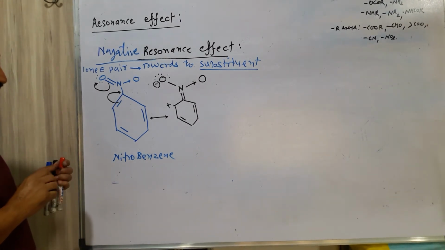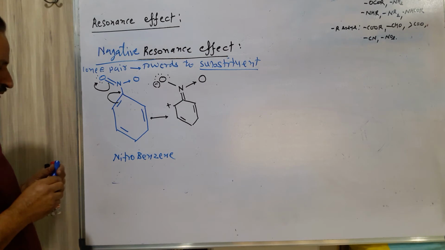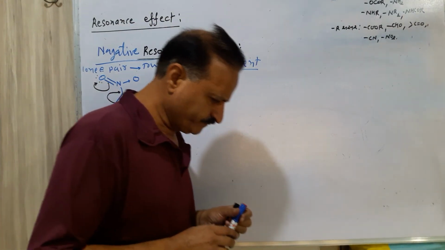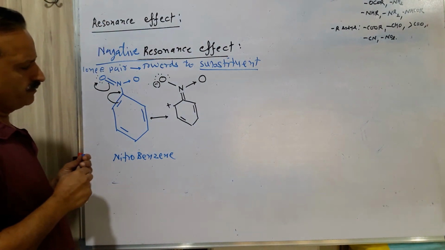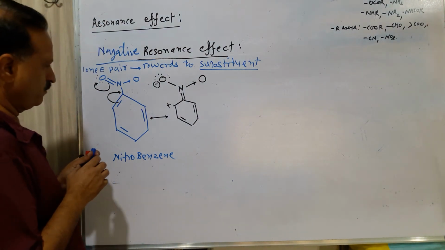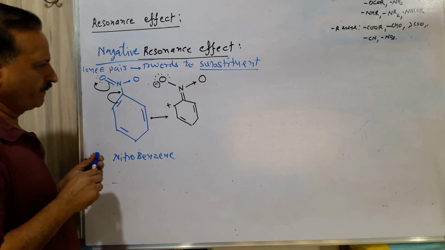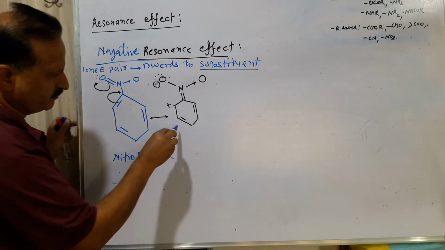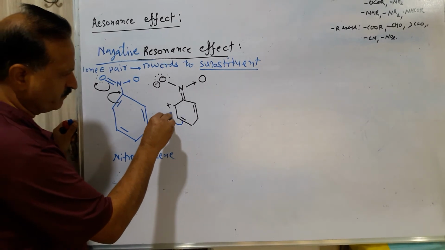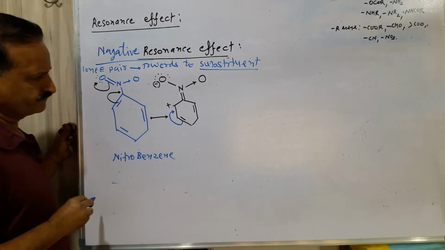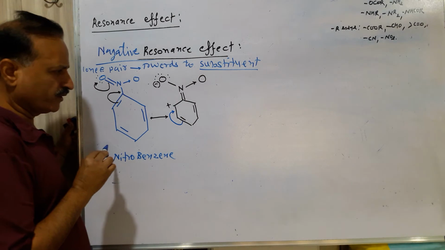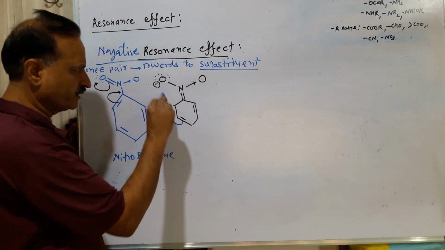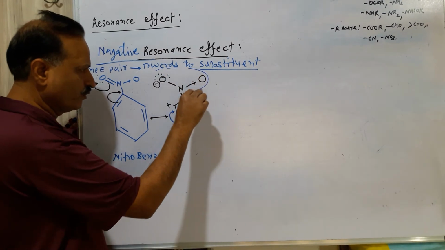Now, what will happen? The next structure is, okay, ready. Now the bond will transfer over here, only bond. So here will be plus charge, bond will transfer over here, above no change.